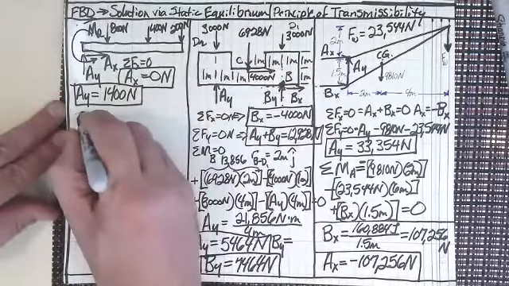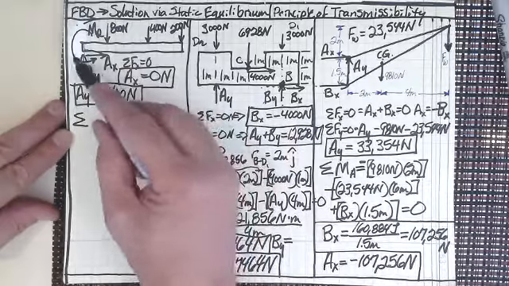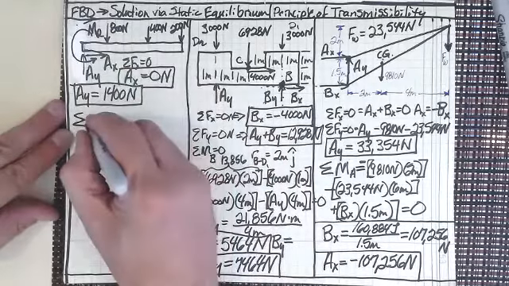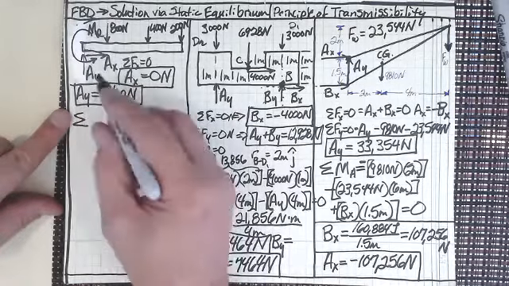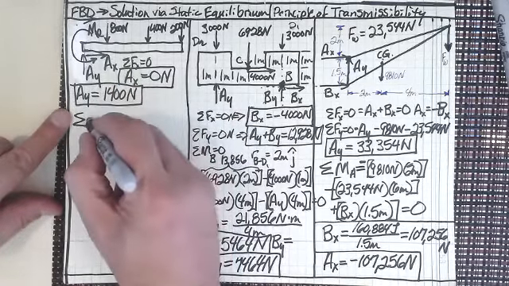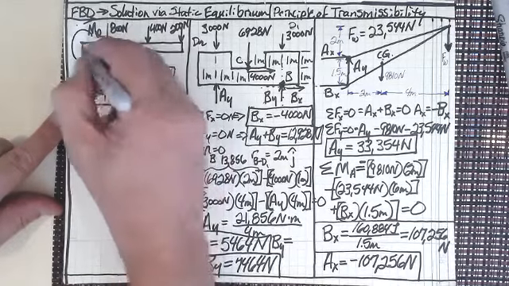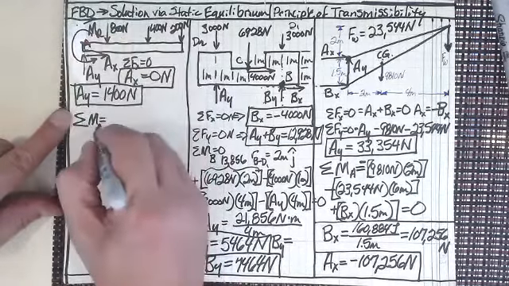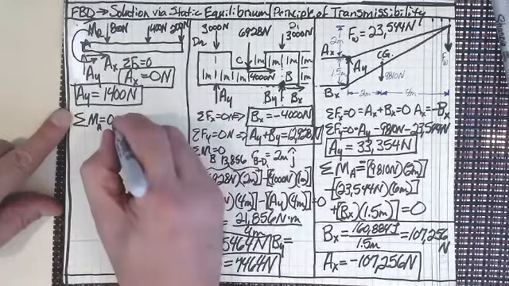But now, because these moments aren't going to sum up, we need a reactionary moment. We need some type of reactionary moment to sum these all up. So we know that the sum of the moments about A are going to be equal to 0. So let's do that.